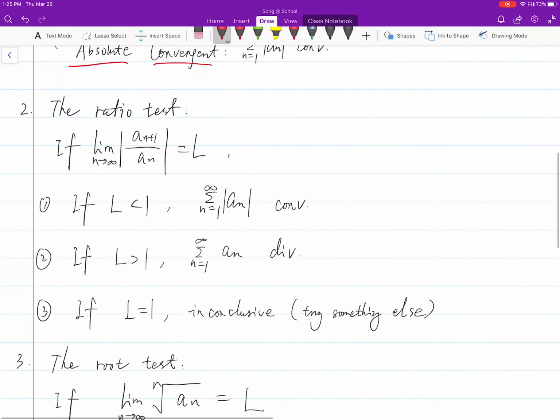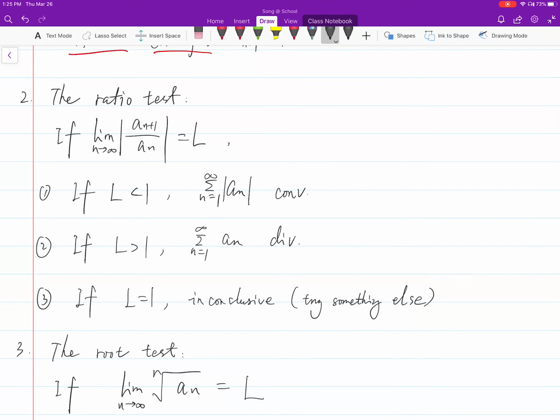So far, so good. Now we want to introduce 2 additional tests, which are probably the most powerful tests for series. They are called the ratio test and the root test. For each of the tests, you check one thing. The analogy is very similar between them.